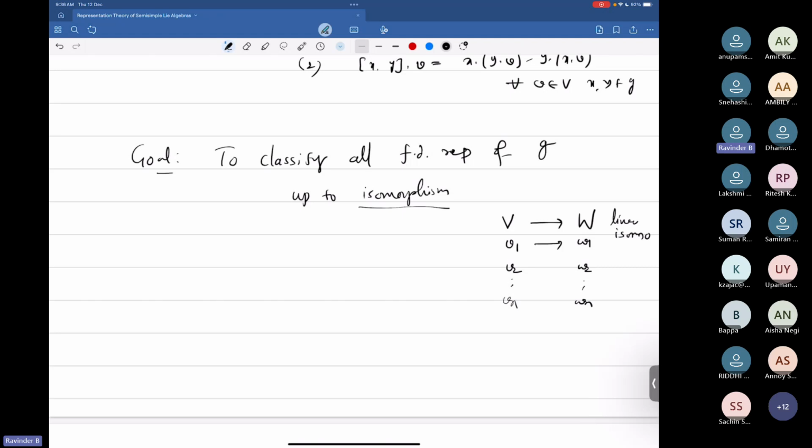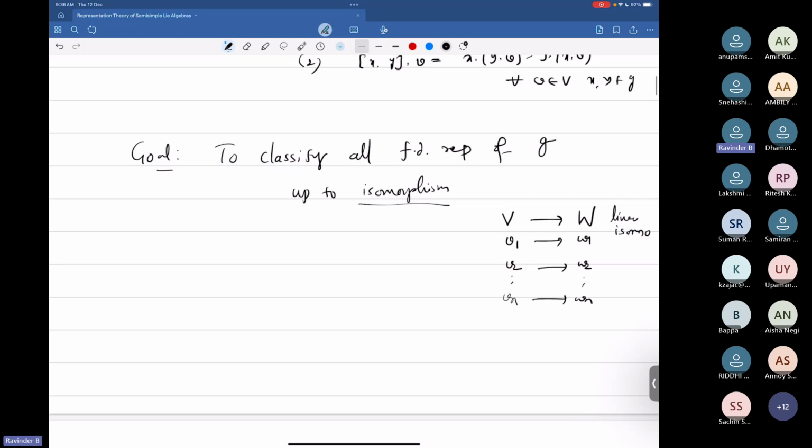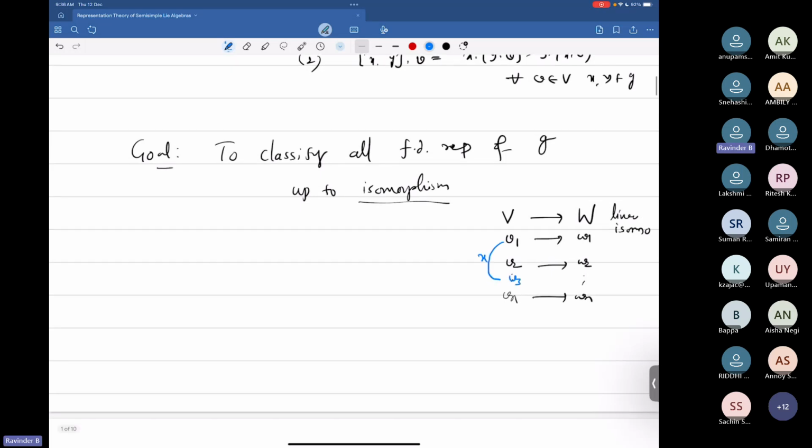Isomorphism of representations means the vector spaces should be linearly isomorphic, so basis should go to basis. And how does X act? Suppose X is acting and moving V1 to V3 under X, and V3 is going to W3. So X should act in the same way here, so W1 should go to W3.